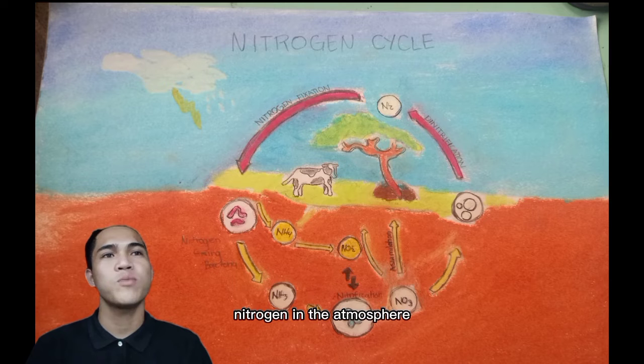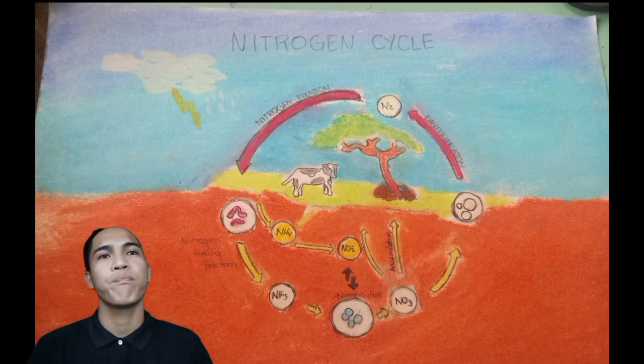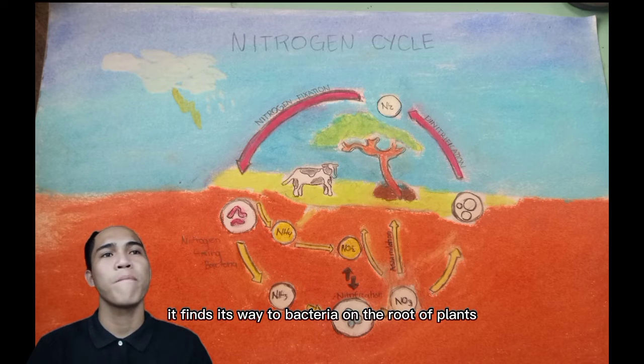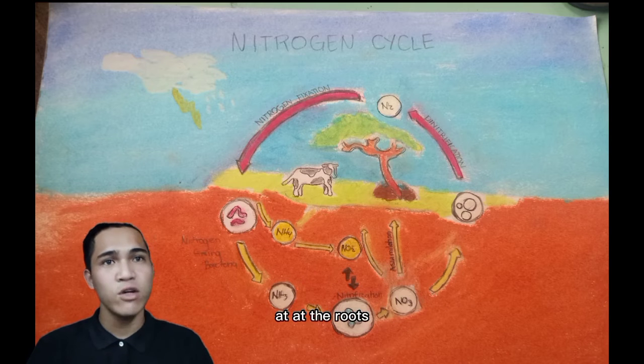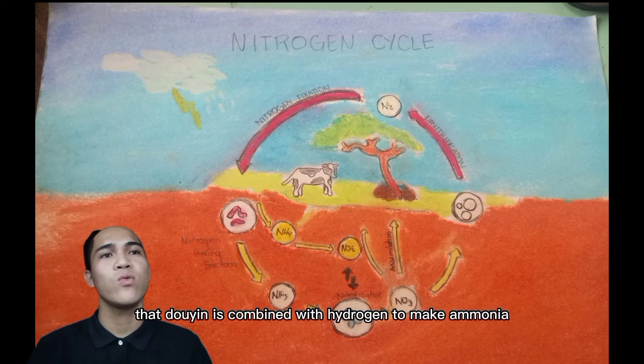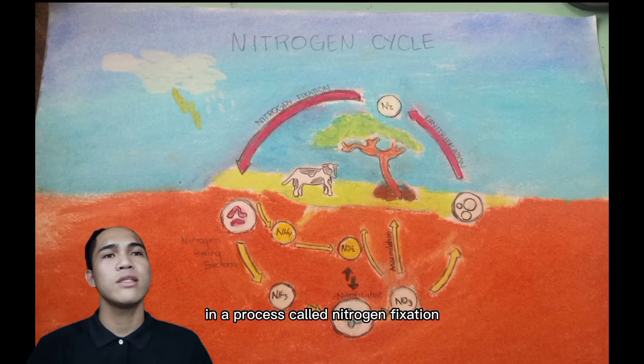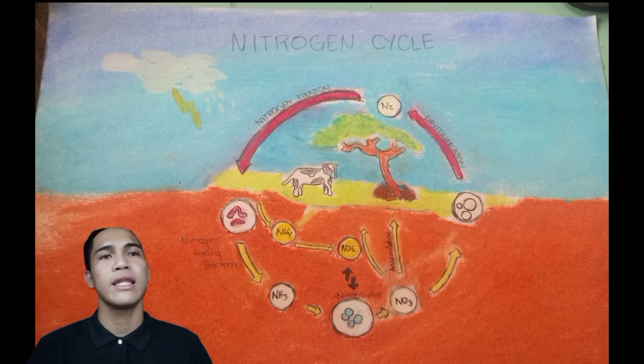Nitrogen in the atmosphere falls to the earth by precipitation such as rain or snow. Once in the soil, it finds its way to bacteria on the roots of plants. At the roots, the nitrogen is combined with hydrogen to make ammonia, in a process called nitrogen fixation. Lightning in the atmosphere can also do this.